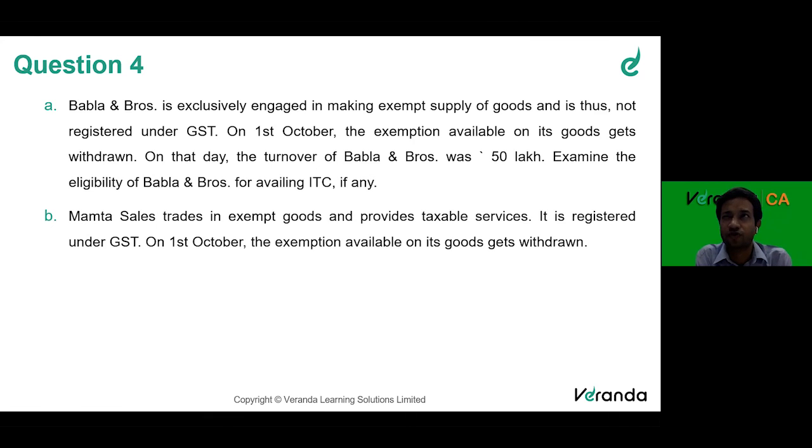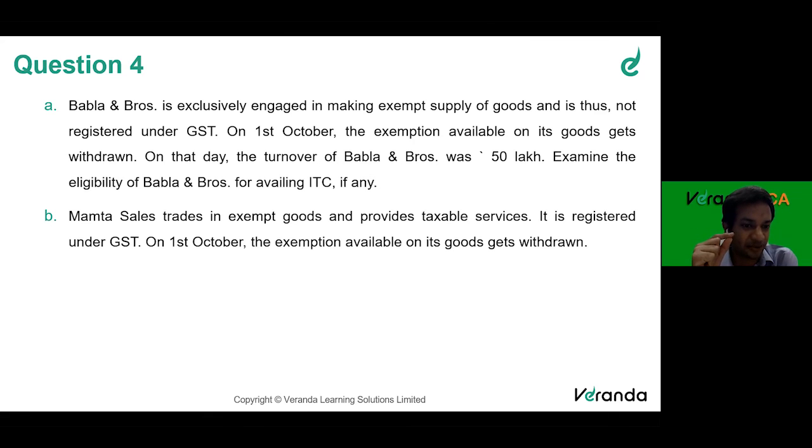So we'll go into clause 4 or clause 5 of section 18, where it says that if your product was exempt, now it becomes taxable. Although you were registered in GST earlier also, now your product has become taxable. In that case also, on the opening stock, you can claim input tax credit because now you're going to charge GST on those products.